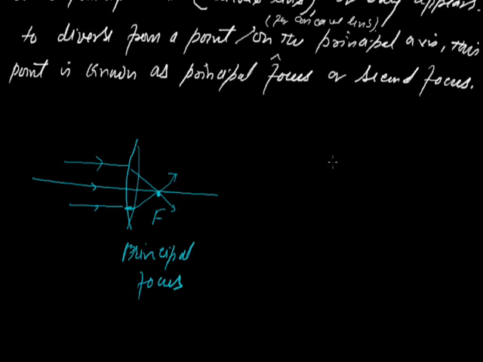In the case of this concave lens, rays parallel to the principal axis diverge in this direction. If we extend them backward, they appear to diverge from this point. This point is known as the principal focus.